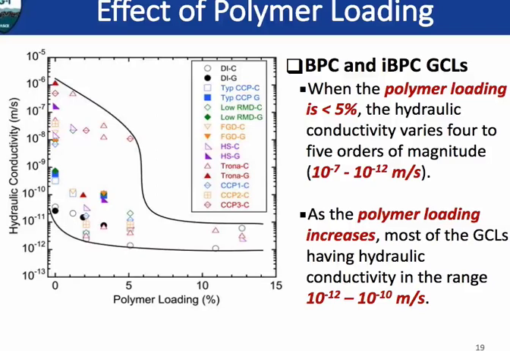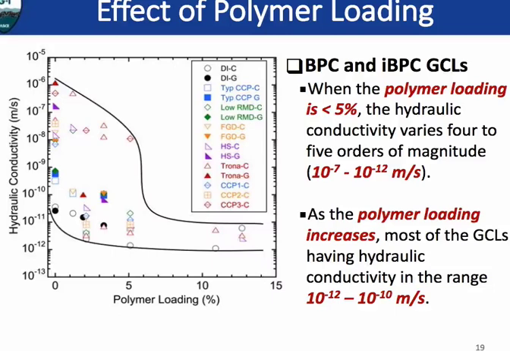However, the BPC GCL should have enough polymer in there to be functional. Based on our study, when polymer loading is less than 5%, we can see a large variability of hydraulic conductivity of the GCLs. It varies 4 to 5 orders of magnitude.